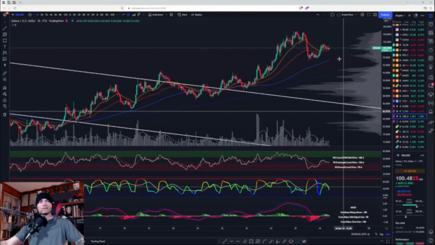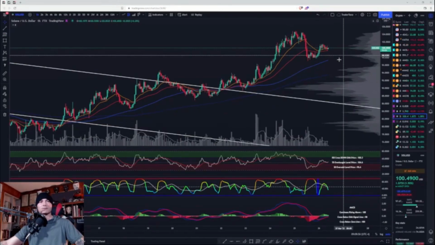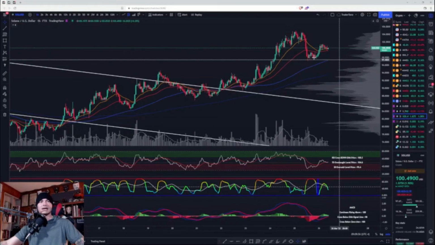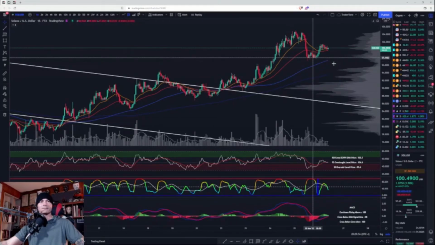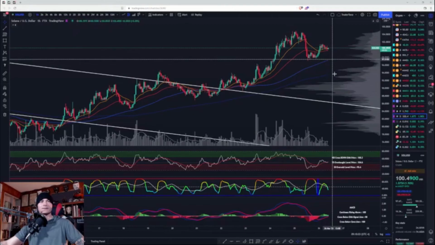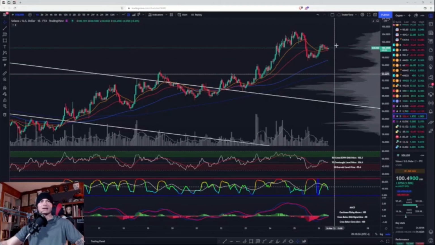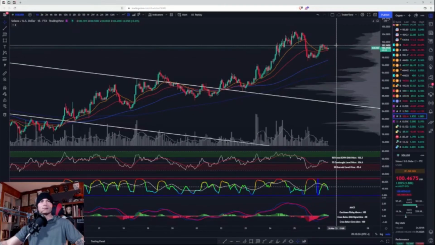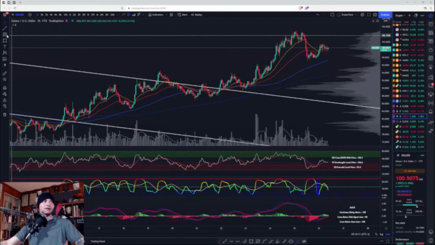So validation of the downside would be a break of this last low and the 100. First stop would be the 200. Then we'll come back to it. Validation of the upside would be to get back above this last high at 101.27, and then we'll come back to it and see if we could maybe break another high.